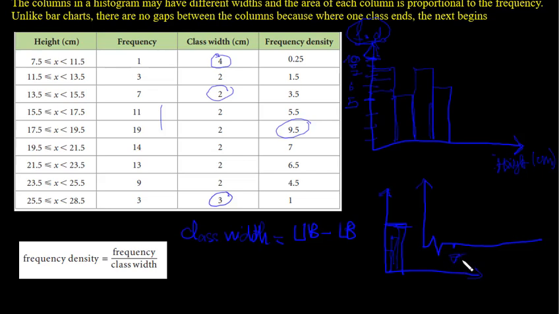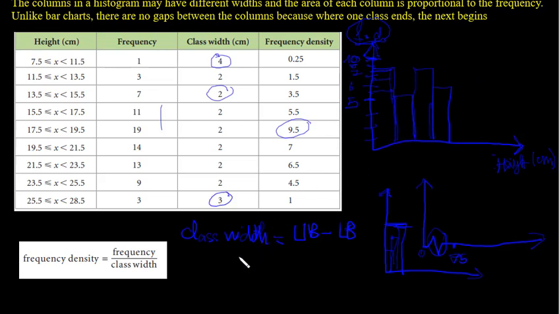This symbol means that from 0 to 7.5 there are no values. After that, we will have a histogram with no gap in between. The area represents the frequency.